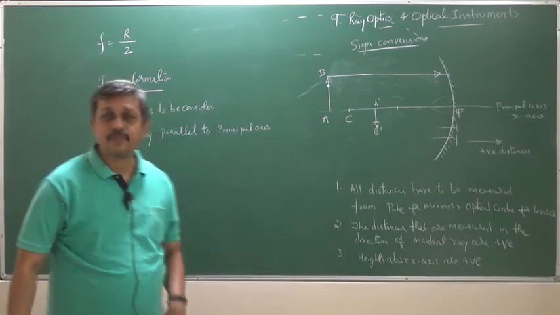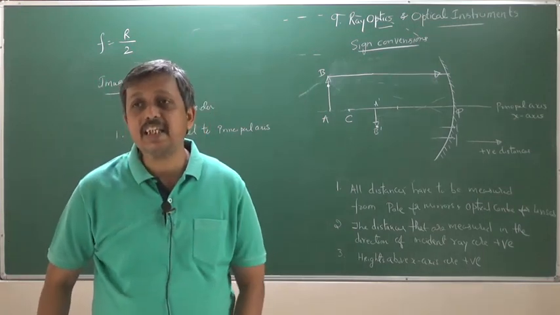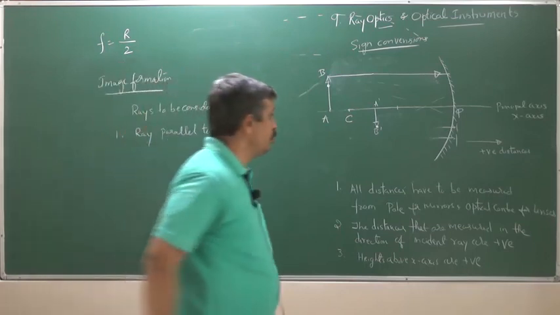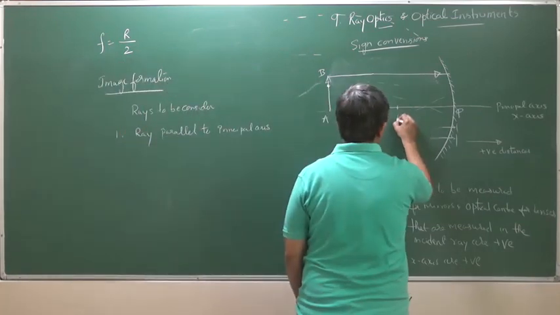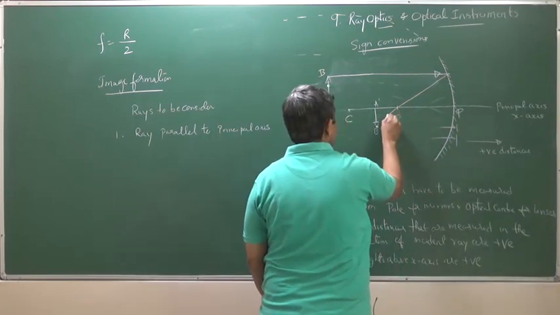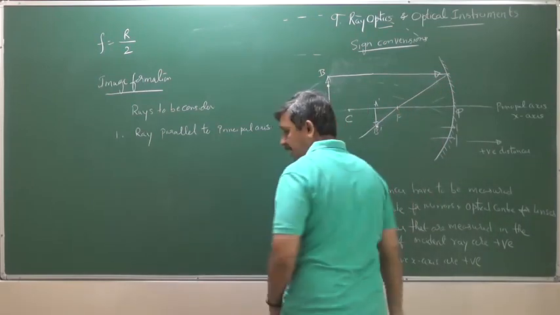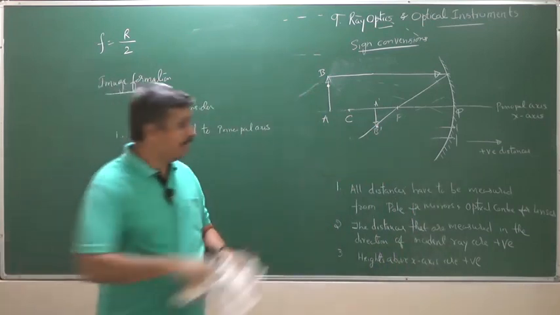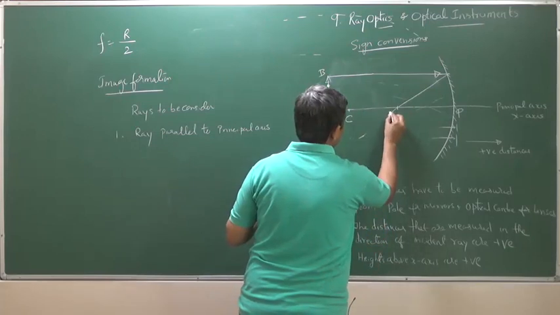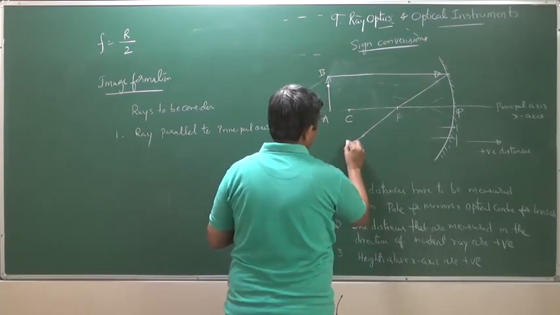You can take a ray which is parallel to principal axis. Any ray that is parallel to principal axis, when it reflects, goes through the principal focus, like this. Like this. Any ray that is parallel to principal axis will go through the principal focus, like this.